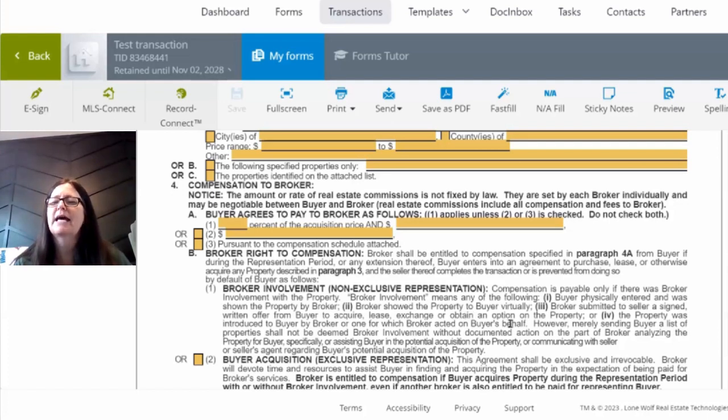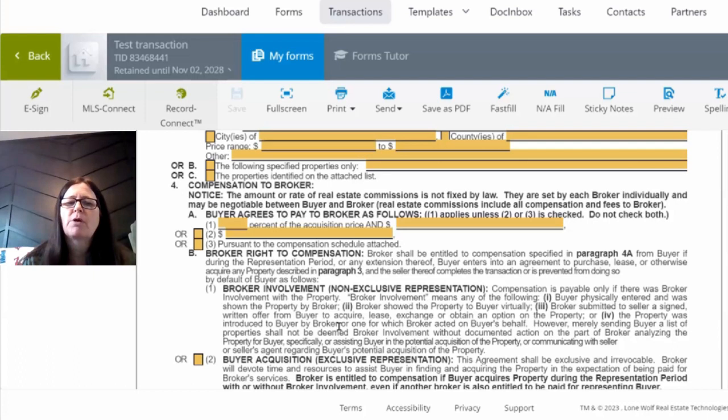Now, that doesn't mean that I sent them a link to a house and they clicked on it, right? That's not what that means. It would have to have more involvement than that. And maybe that's like a video tour that we've done. Or number three, the broker submitted a signed written offer from the buyer.